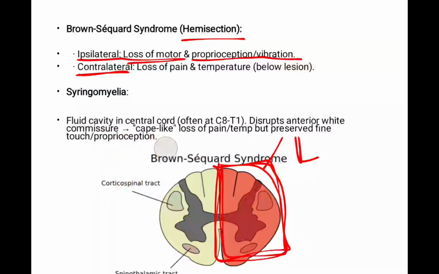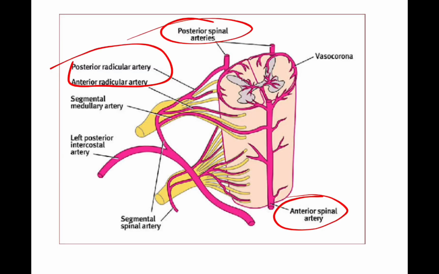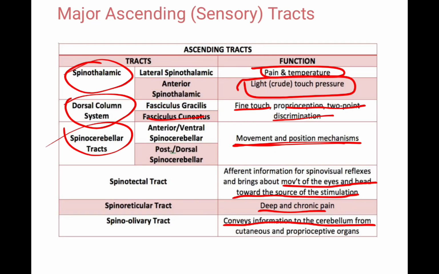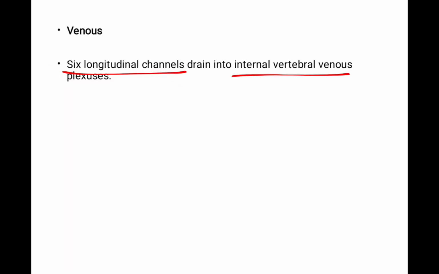We also have syringomyelia. Syringomyelia is a fluid cavity in the central cord, often at the level of C8 to T1. It disrupts the anterior white commissure, which I already mentioned, and there's going to be what? Loss of pain and temperature sensation. The moment you hear anterior white commissure affectation, know that there's going to be loss of pain and temperature sensation, because the spinothalamic tracts, if you go backward, the lateral spinothalamic is for pain and temperature, and they're found in this anterior white commissure.